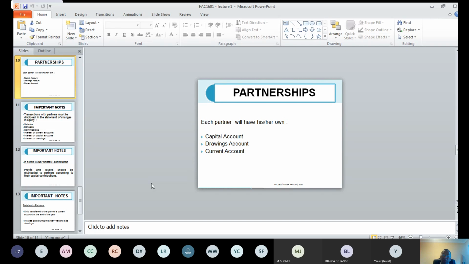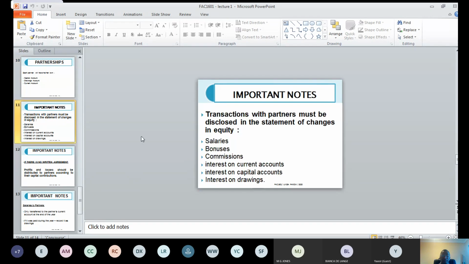But in a partnership, the capital account is only for increases and decreases to the capital. Everything else that the partner is entitled to, whether it is salaries or a bonus or profits, we transfer to his own private account, being his current account. Right, so each partner will have his own capital account, his own drawings account, and his own current account.